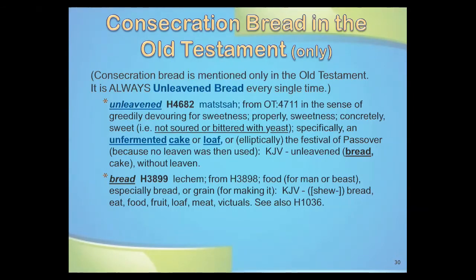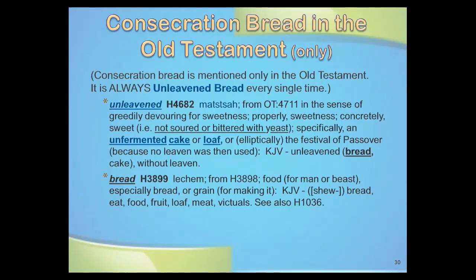That means it is not soured or bittered with yeast. It is an unfermented cake or loaf, and is specifically for the festival of Passover, because there was no leaven used then. And then in the King James, unleavened bread, unleavened cake, indefinitely without leaven.